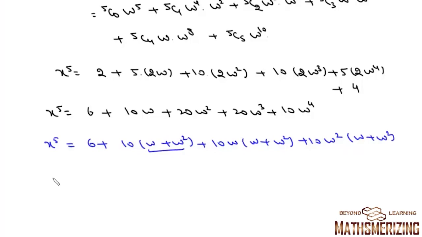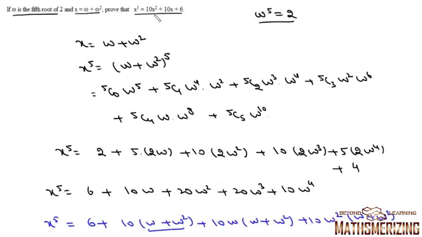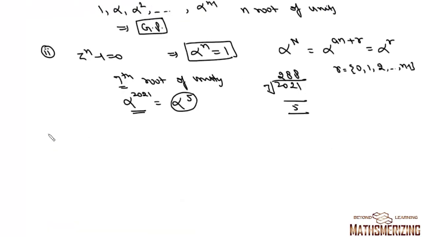So we'll write this as x to the power 5, 6 plus 10 into 1 plus omega plus omega square into x, and again omega plus omega square is x, so we'll get x to the power 5 equals 6 plus 10x plus 10x square. So x to the power 5 is 10x square plus 10x plus 6, and this is what we need to prove.